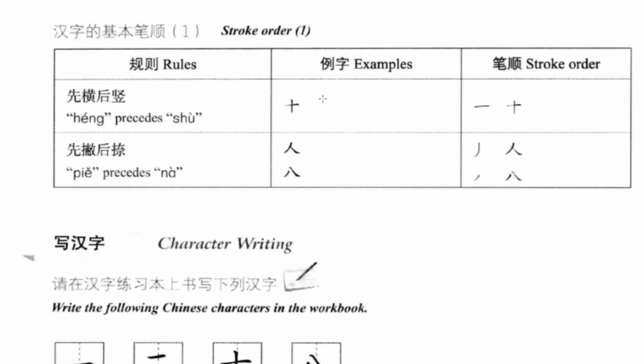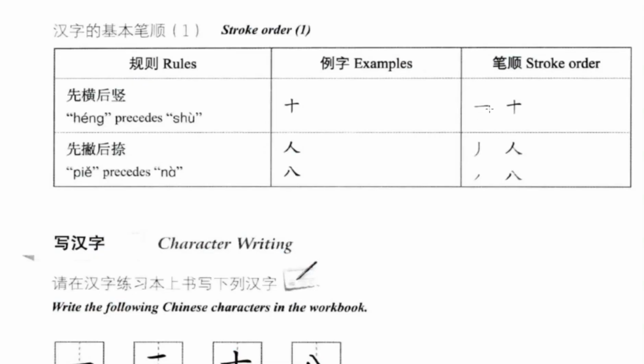Okay, here I think you don't like to learn this one. Stroke order rules. Yes, we have so many rules. When you write characters, you need 横 precedes 竖. So 横 first, and then you need to write 竖. Like the example here, 十. Here is the order. The first one you need to write 横 and then 竖.